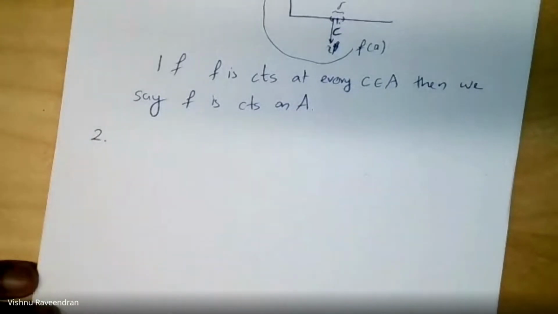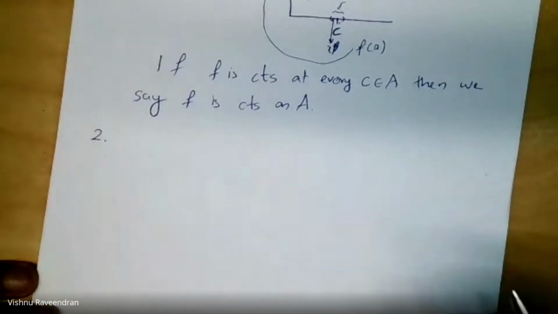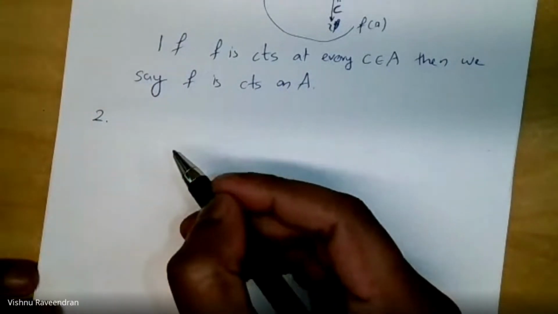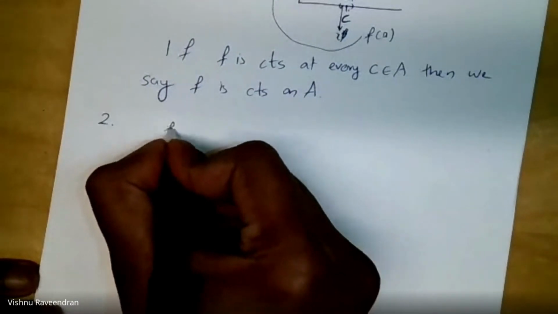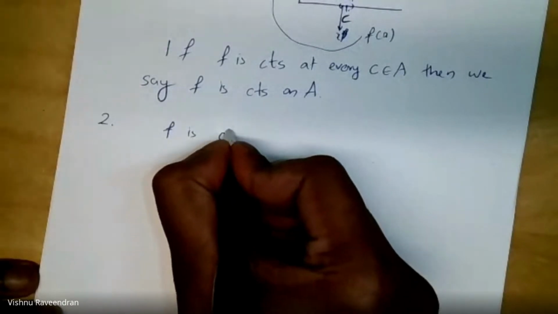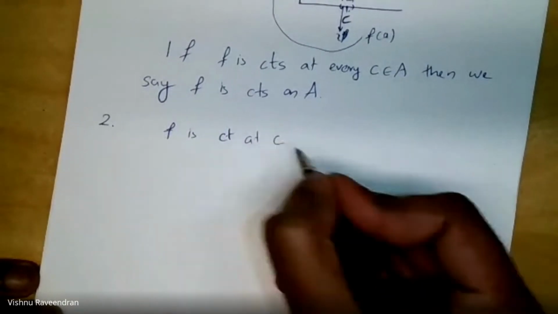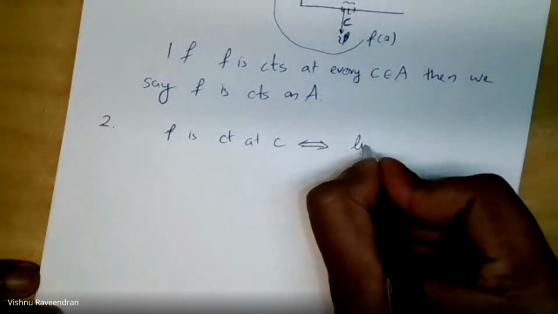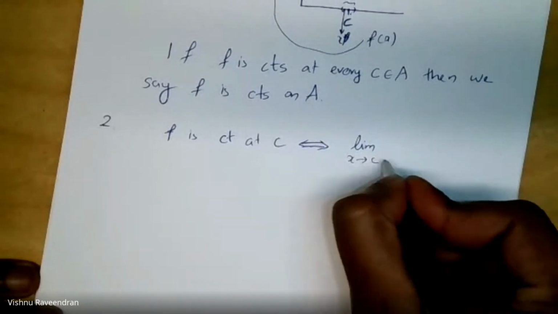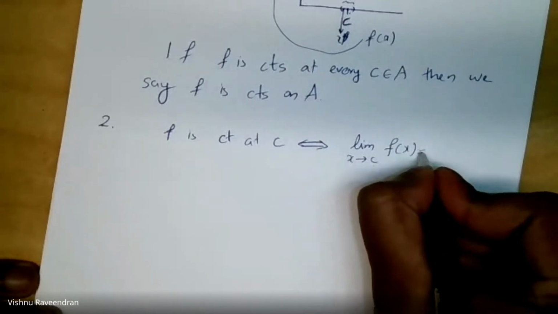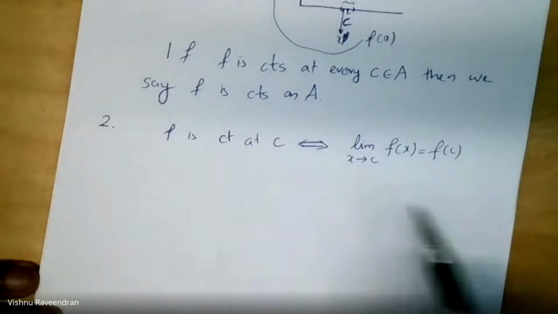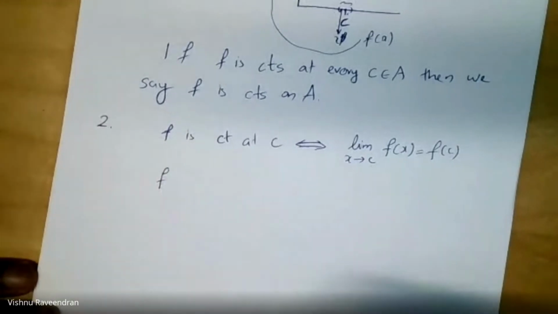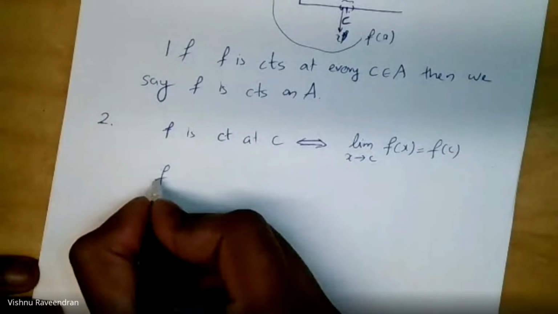Now we discuss some other equivalent definitions for continuous functions. We discuss two equivalent conditions. One is that f is continuous at C if and only if the limit as x tends to C of f(x) equals f(C). So this is one equivalent definition. And we have a similar definition using sequences of real numbers.